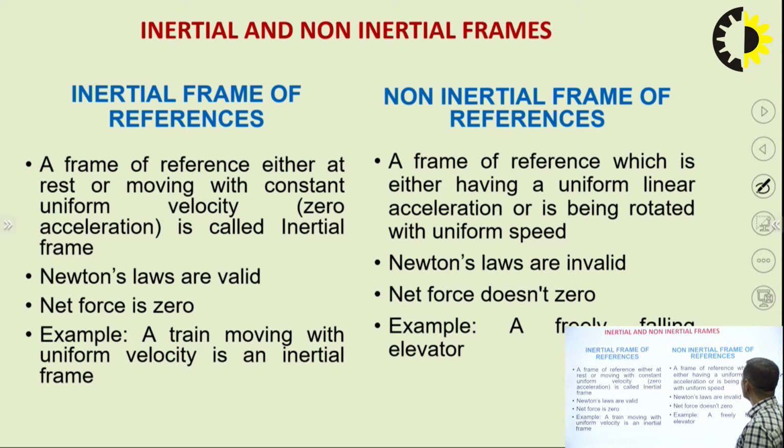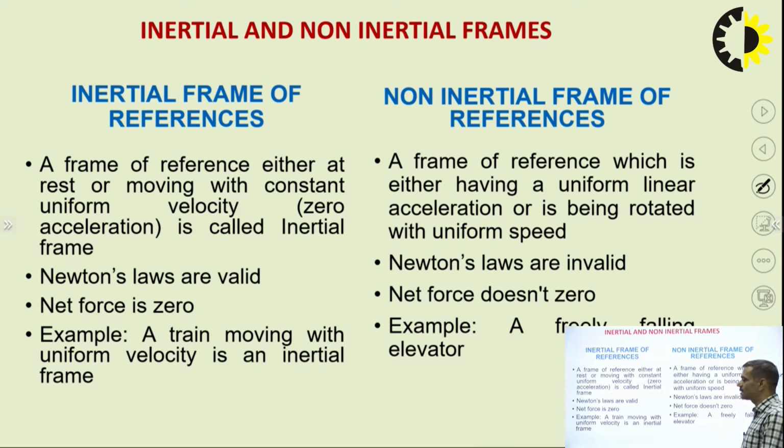They may be in rotated form, that means the motion in non-inertial frames may be rotatory motion. Newton's laws are not valid in non-inertial frames. Net force is not 0. Specific examples are a freely falling elevator, etc. So this is the basics about inertial and non-inertial frames.